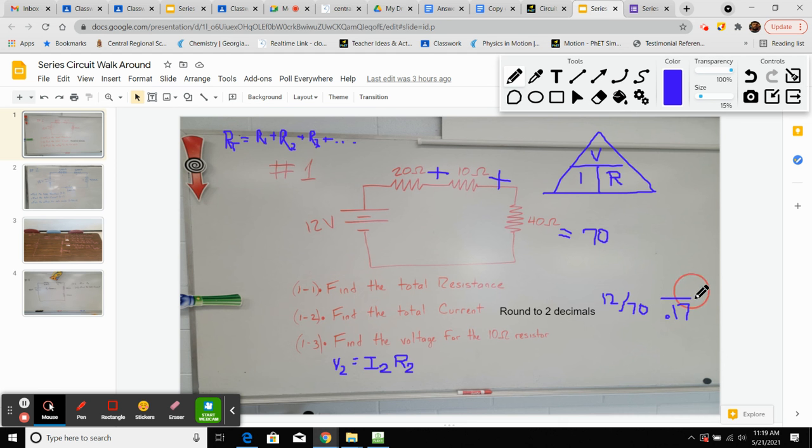Well, it's this 0.17 everywhere. So it would be 0.17 times 10, which I think would be 1.7. So if you type that in, that should be correct. Not 1.70, just 1.7.